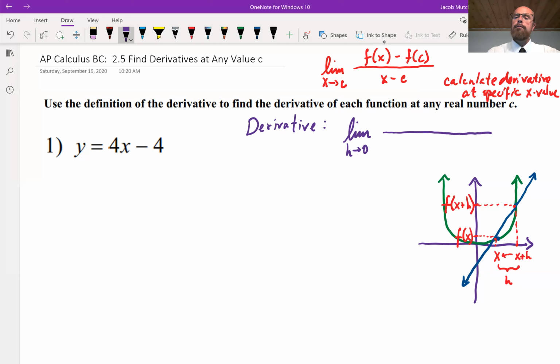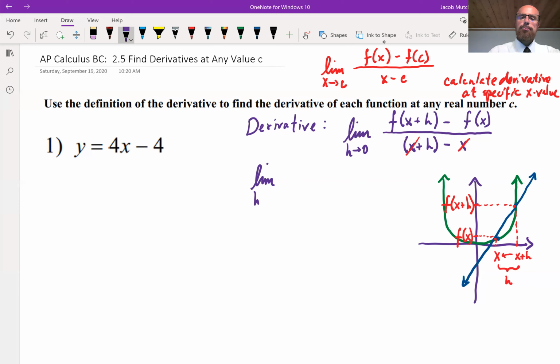So our limit expression here is going to be f at x plus h, that's the upper y value, minus f of x over x plus h minus x. So one thing we do need to notice is that in our denominator, there's a cancellation there. X minus x is going to cancel. And that gives us this derivative definition that we're going to use for these 3 examples.